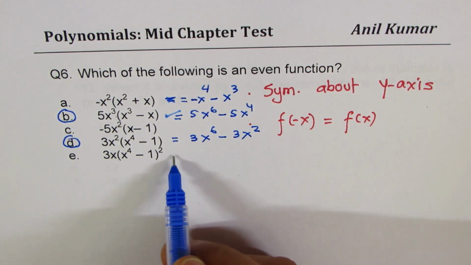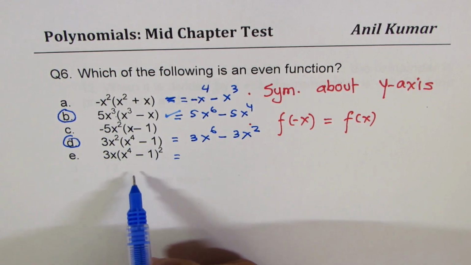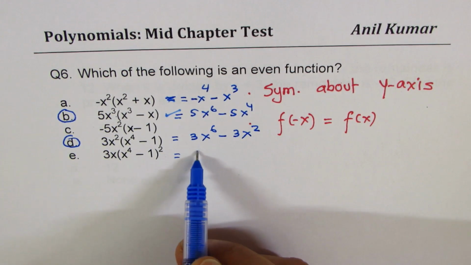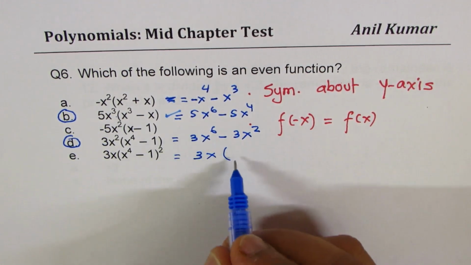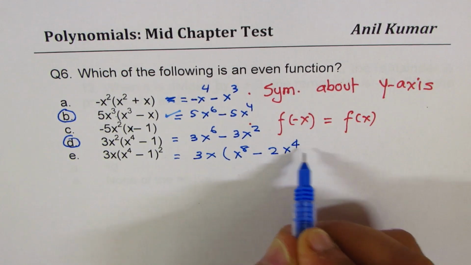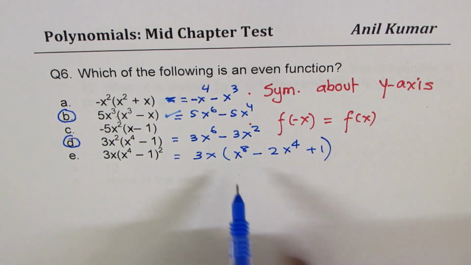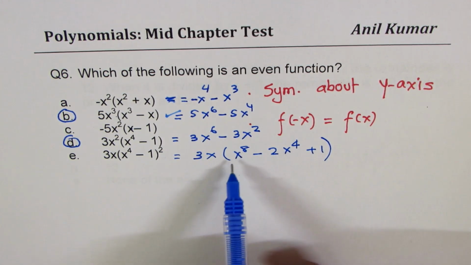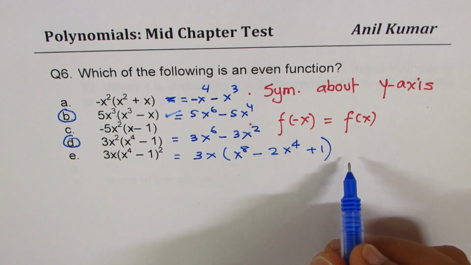Now here, if I expand this, think about x squared outside. Do you understand? So this is actually 3x, x to the power of 8 minus 2, x to the power of 4 plus 1. Now when you expand, you get odd terms, correct? Odd terms means not even.